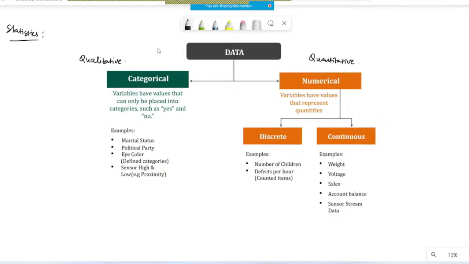The numerical one is further divided into discrete and continuous. So how do we differentiate discrete versus continuous? Discrete will be, tell me something about the discrete, okay, limited range, short range, mostly integer.